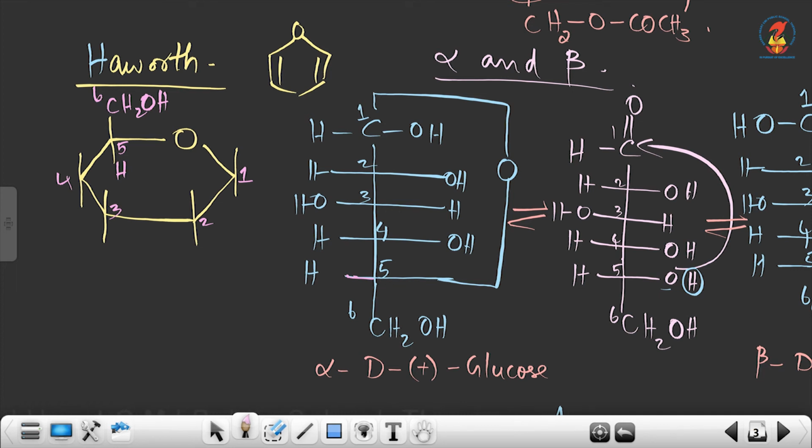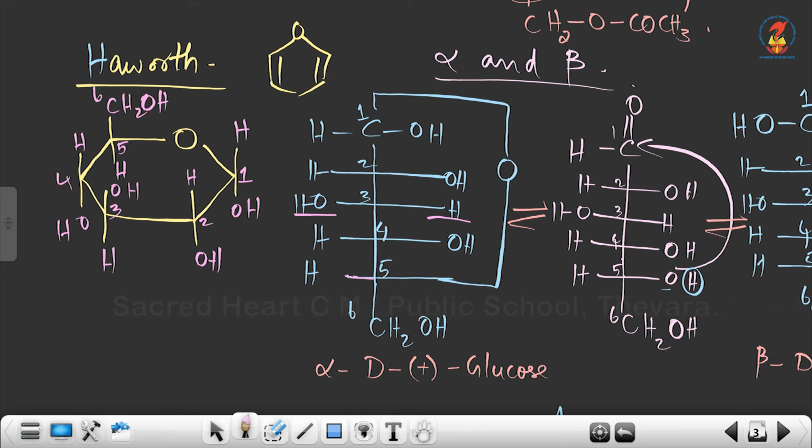Now on the first carbon, those groups which are written on the left side are written on the top. So on the first carbon we have hydrogen on the left side, so hydrogen, and the right side OH group. Second carbon: hydrogen, OH group. Third carbon: OH and hydrogen. Fourth carbon: we have hydrogen on the left side and OH group. Fifth is only hydrogen, and sixth we have CH2OH on the top.